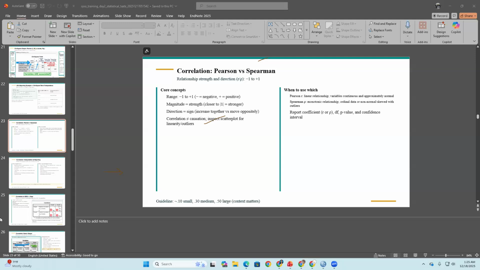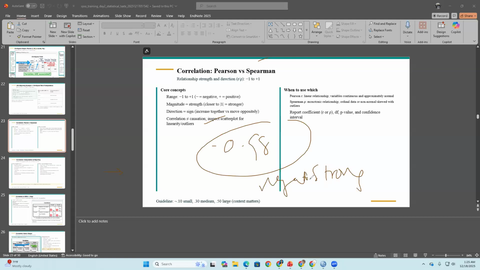For example, if you have minus 0.98, what will be your interpretation? It is strong but negative. If it's minus 0.02, it's weak negative. What will you consider 0? What does 0 mean?